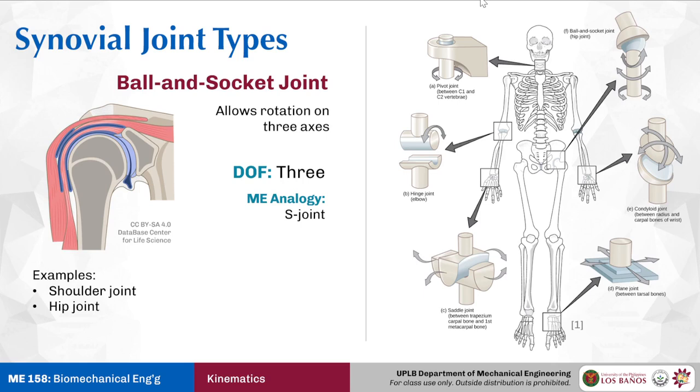There are, I believe, two specific instances of these, the shoulder joint and the hip joint. These are the only two types of ball and socket joints that we have. Some animals have additional ball and socket joints elsewhere, but you can look that up if you have the time.